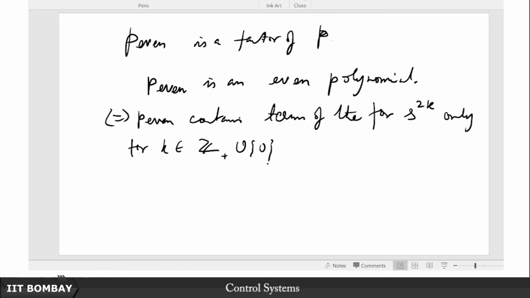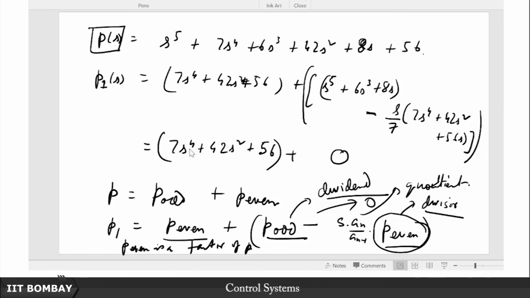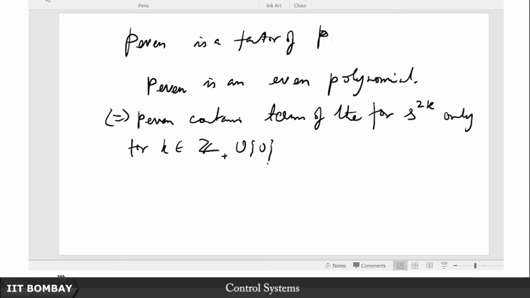Notice any example here, for example here also you see, what is p even? It contains s to the 4, s to the 2, that is why it is called an even polynomial. What is a feature of an even polynomial, or for that matter an even function? If you take p even of s, it is equal to p even of minus s. So then what can I infer about roots of p even?